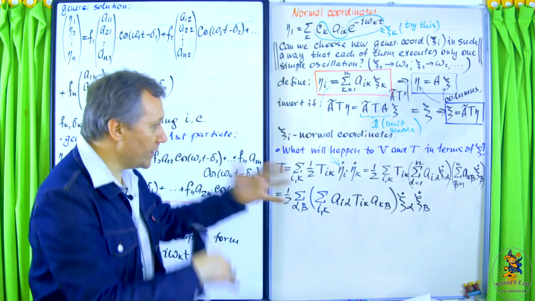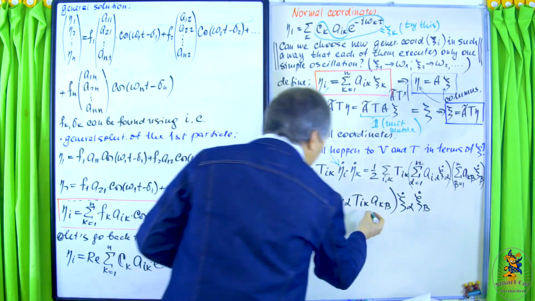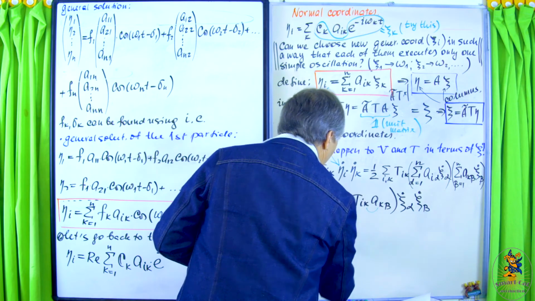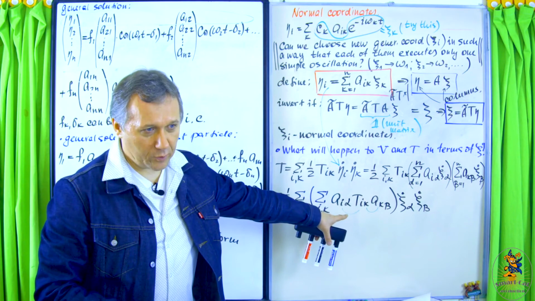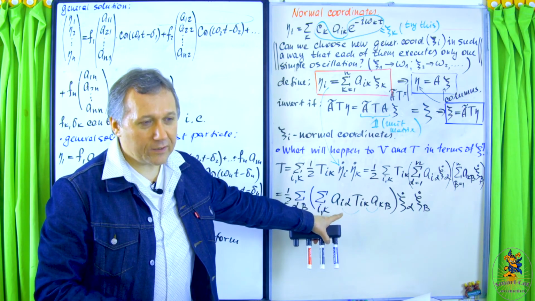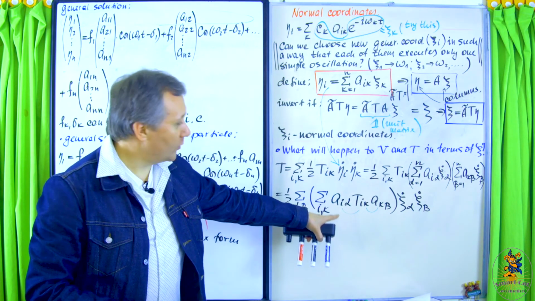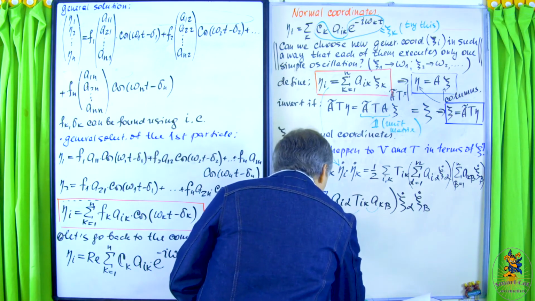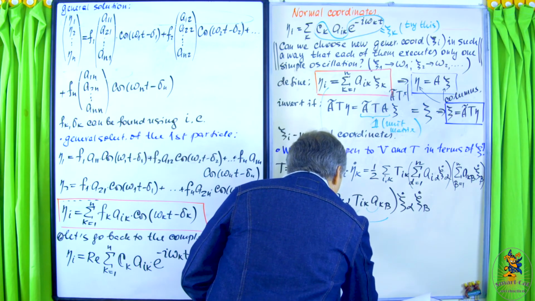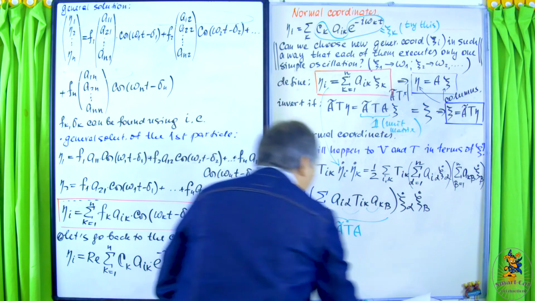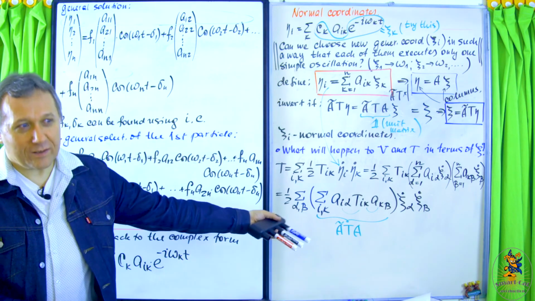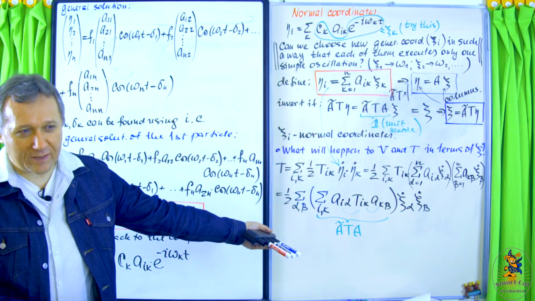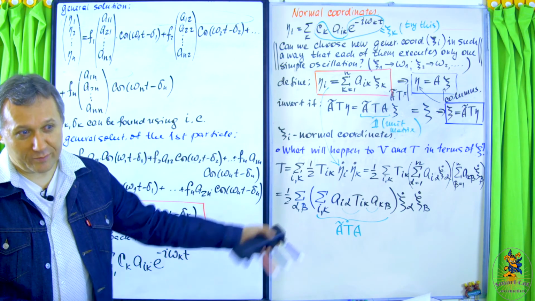On purpose, I arranged terms like that, so we have inner indices the same. If you transpose the first column, right, it's a transposed T. So what we have here is transposed T A, written in component form, which is a congruence transformation which diagonalizes our kinetic energy matrix, which gives us a unit matrix.